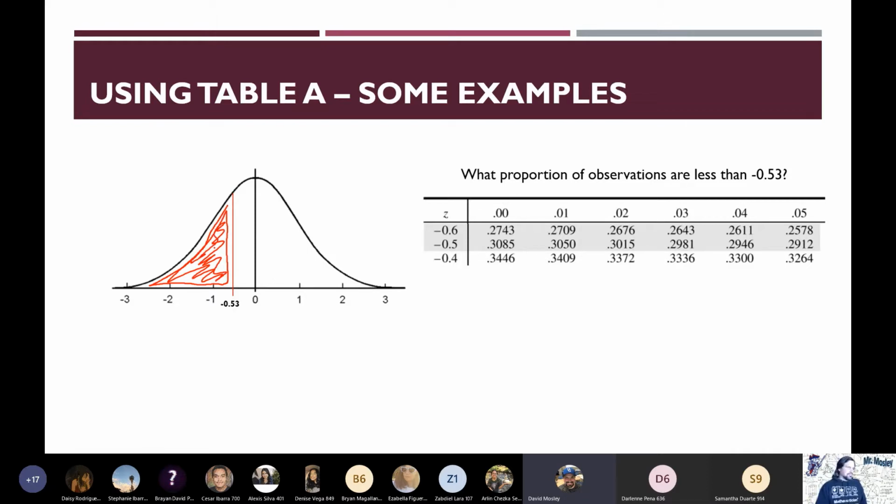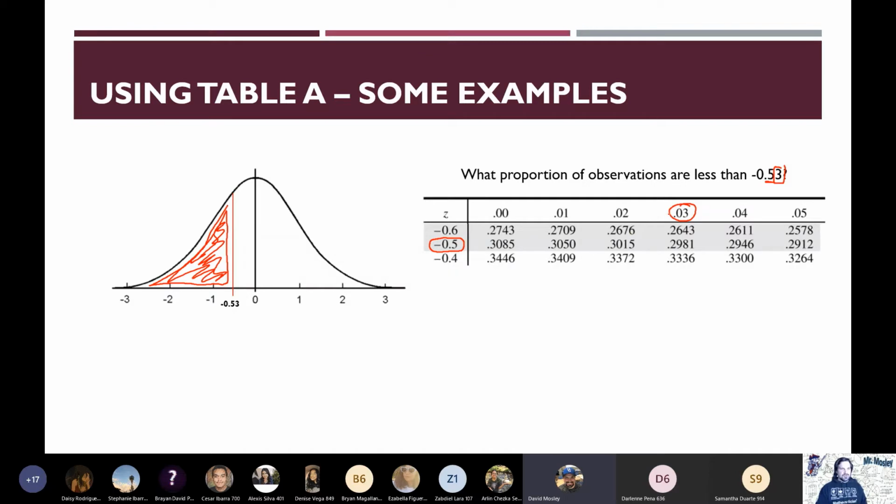So what I do is I've pulled a portion of our table A here into the screen. I'm looking for 0.5 first under z, negative 0.5, I get that here. And then I'm looking for 0.03 in this column here, in this row. And then I find the intersection of those two things using the table.